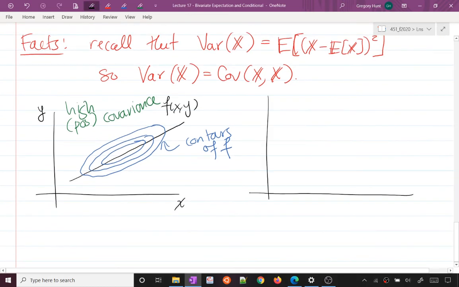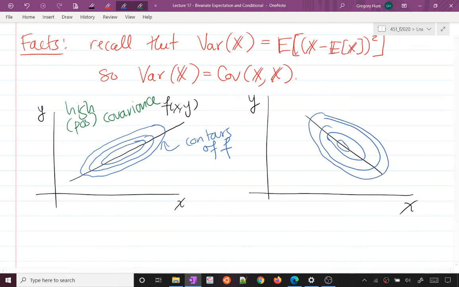Alternatively, if I were to draw a line with a negative slope, and the contours of f were really tightly packed around this line, this would be a situation with a high but negative covariance. So the sign of the covariance is going to tell us if they are related positively linearly or negatively linearly.